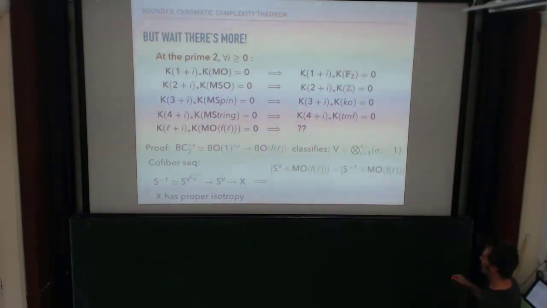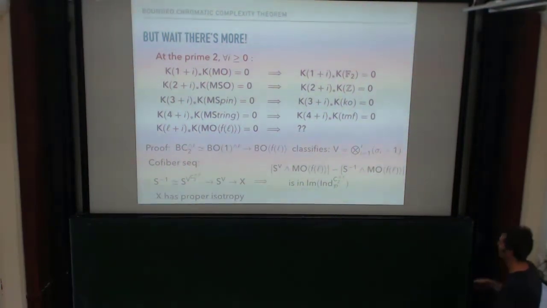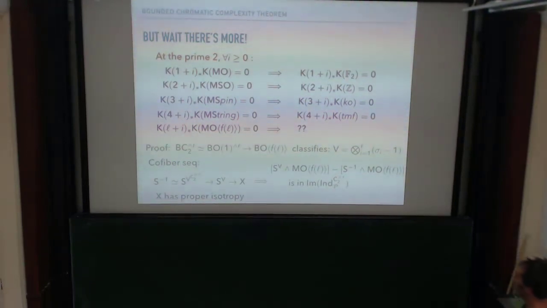If I look at the associated representation class of X, it's equal to this one plus the cofiber, which is minus this one, and it's in the image of this induction map.